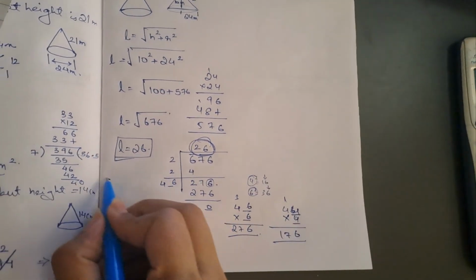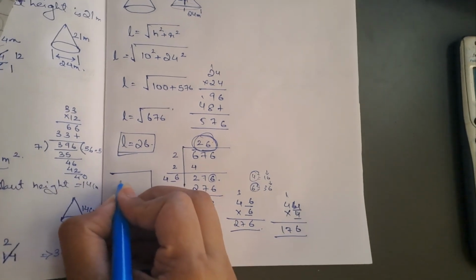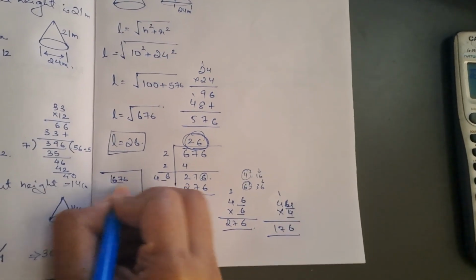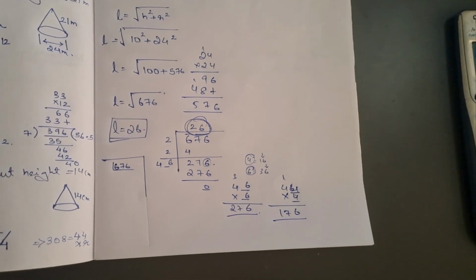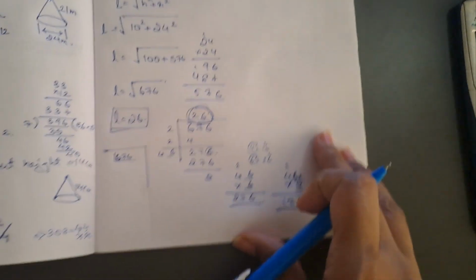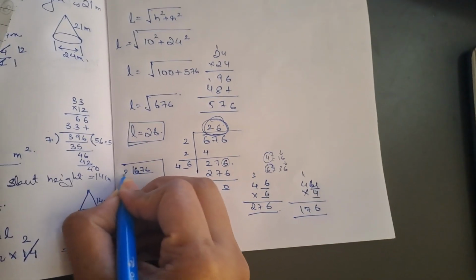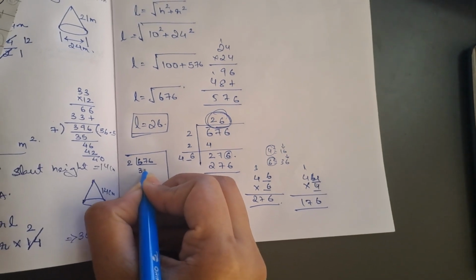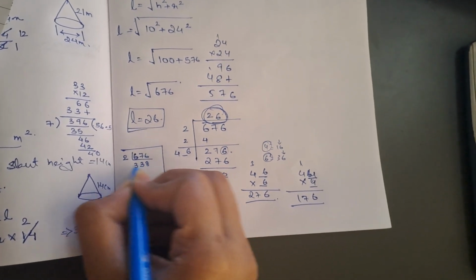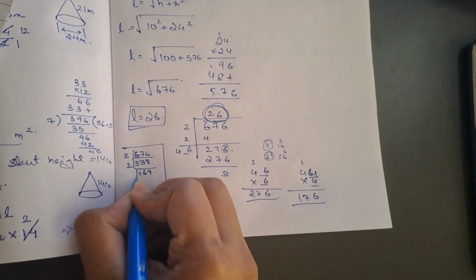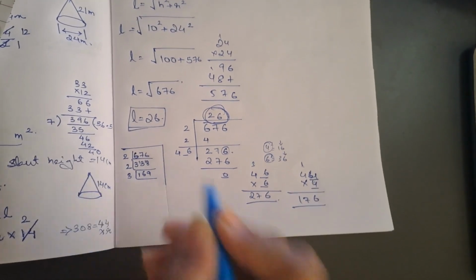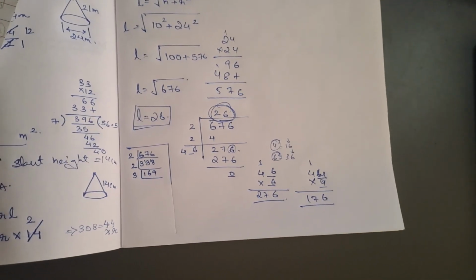If you want to try another method, which is the prime factorization method, it goes as 676. When you're doing this method, you're always supposed to do the prime factorization. 2 times 338, then 2 times 169, then 169 would not go in the 3 table.